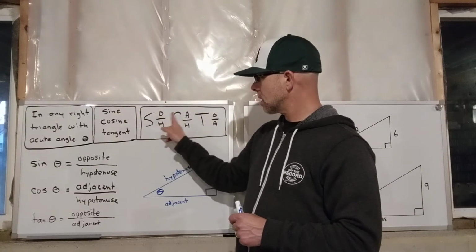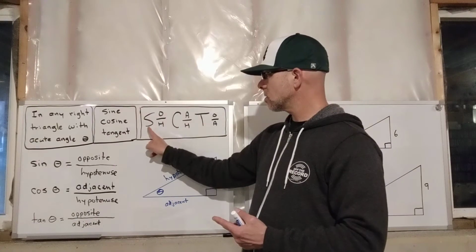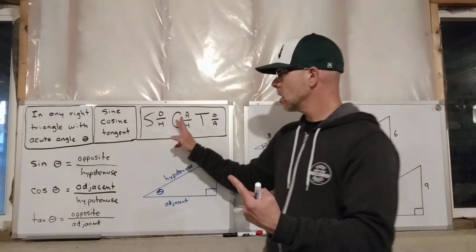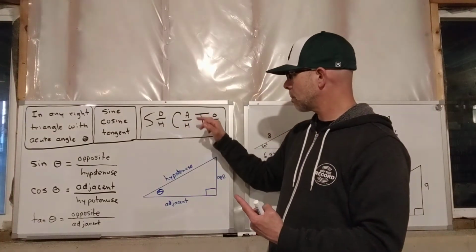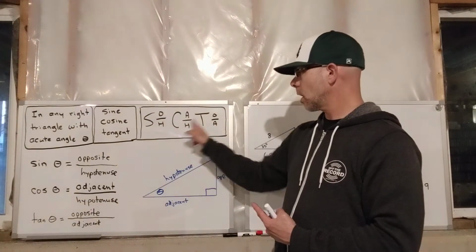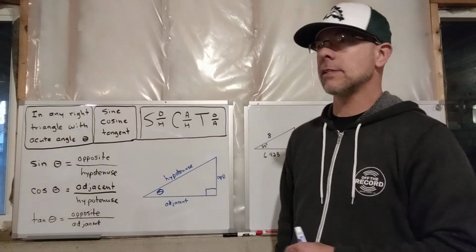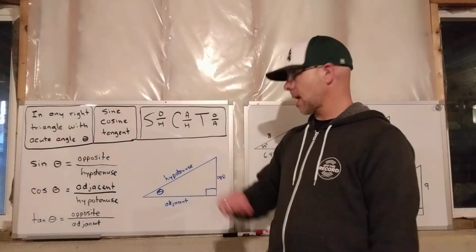The O is opposite, the A is adjacent, the H is hypotenuse. So if you look, this is just reminding you that sine is opposite over hypotenuse, cosine is adjacent over hypotenuse, tangent is opposite over adjacent. SOHCAHTOA. And I learned that when I was in school back in like 1986. Yeah. So anyway, that's that.